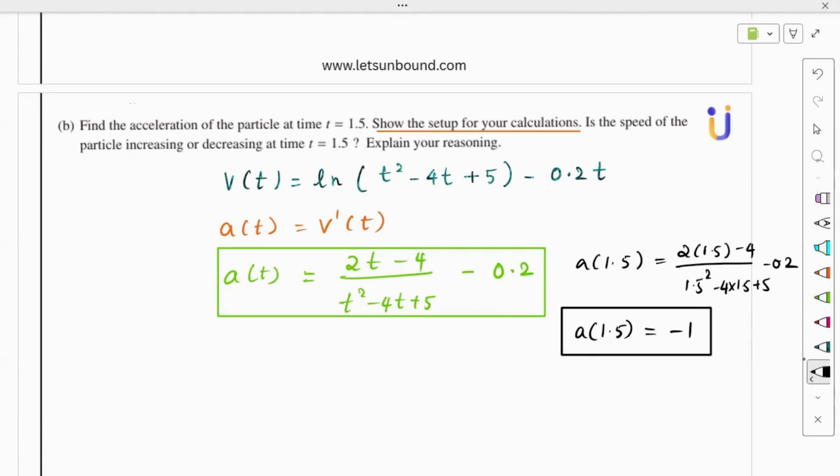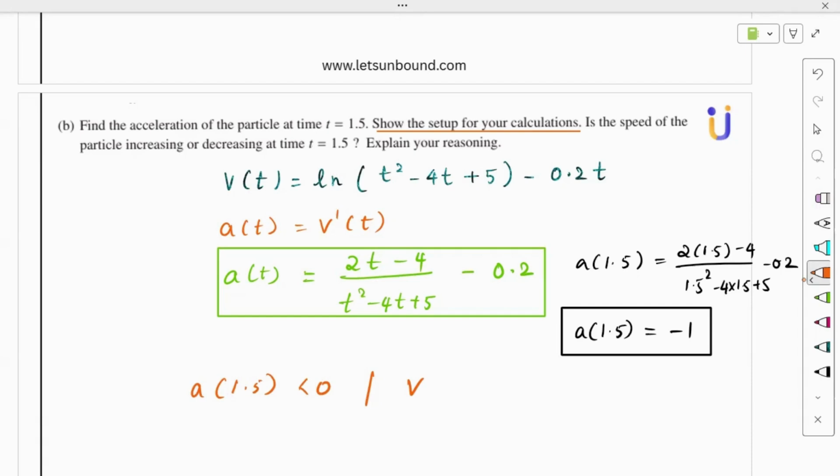Now, is the speed of the particle increasing or decreasing at time t equal to 1.5? Okay. a of 1.5 is negative. And we will compare, like speeding up or slowing down. We will compare the sign of acceleration and velocity.